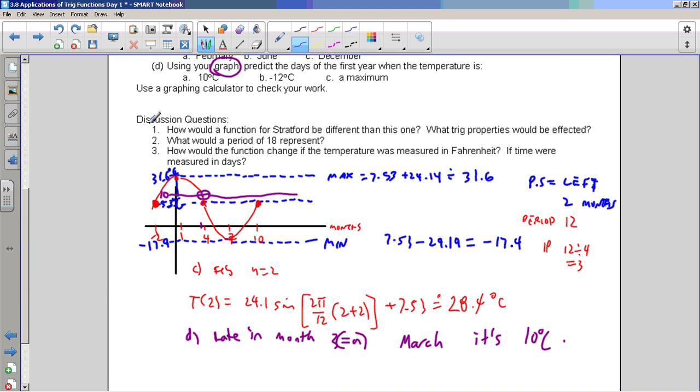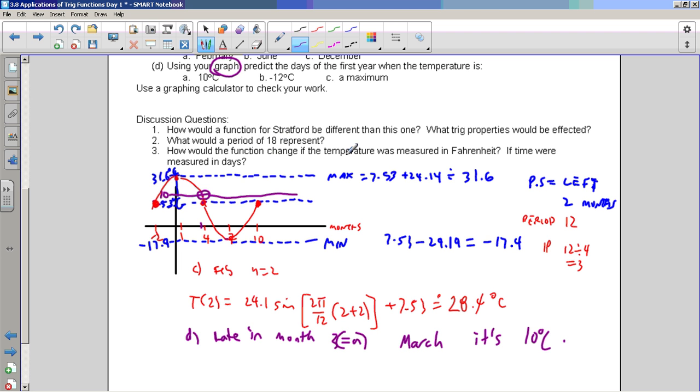And notice here are some what ifs. How would a function for Stratford be different than this one? What would a period of 18 represent? A period of 18 doesn't make any sense, because a period of 18 would mean that our year is 18 months long, right? It just doesn't make sense. We can't change the period, not like the basketball pass where we just passed faster or slower.